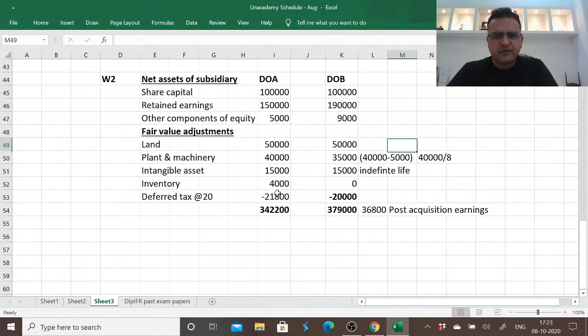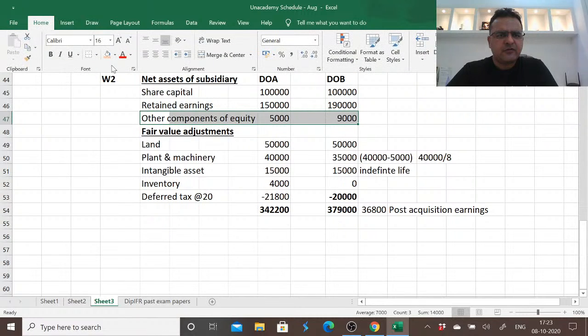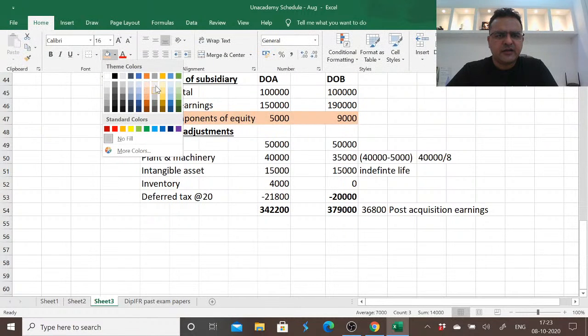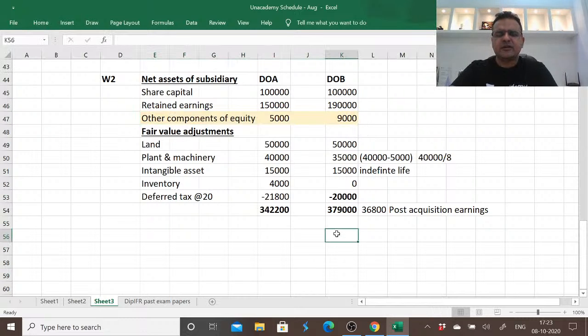But in this earning, if you notice, there is another component of equity as well. So if there was no other component of equity, then the entire earning would have been related to the retained earnings. But now since there is another component of equity, we'll need to bifurcate this difference of 4,000 separately. So total earnings are 36,800, but this earning of 4,000 will be dealt with separately now.